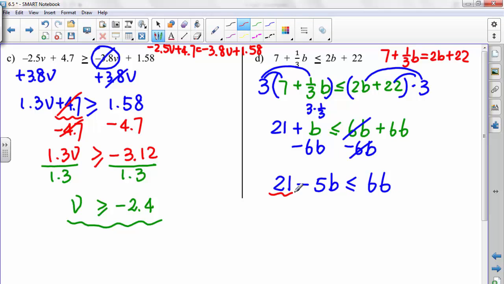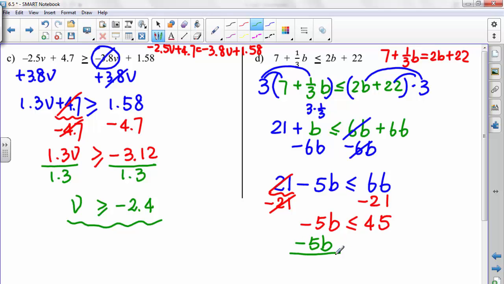Then I want to cancel 21 from the left side, so I need to subtract 21 from both sides. Cancel out these two. I have negative 5b is less than or equal to 45. So I want to cancel negative 5 in front of b this time. Since the coefficient of this term is negative 5, I need to divide both sides by negative 5. This is the only challenging part in inequality solving in comparison with equation solving.